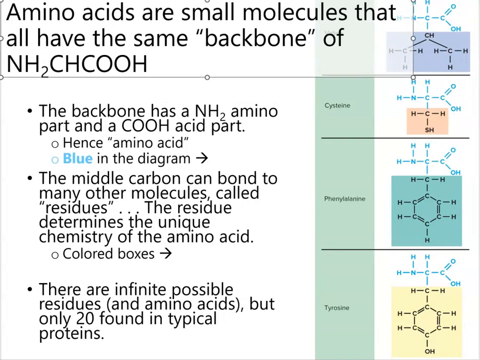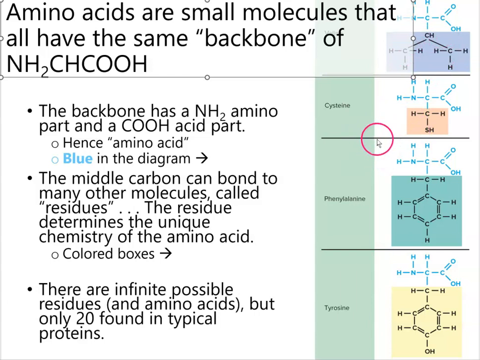So, amino acids are what make up proteins, and I don't know how much chemistry you've had or if you can interpret these diagrams over here, and it doesn't matter because I'm not going to make you draw or decode any of this. But I just want to show you amino acids each have a part they all have in common, and then they have a part that is different.